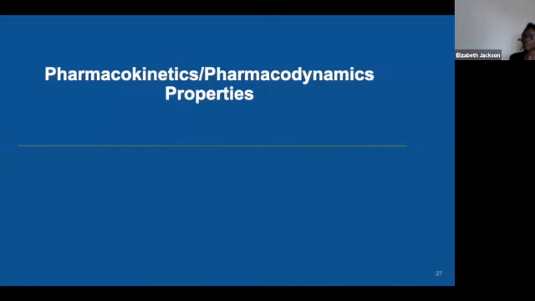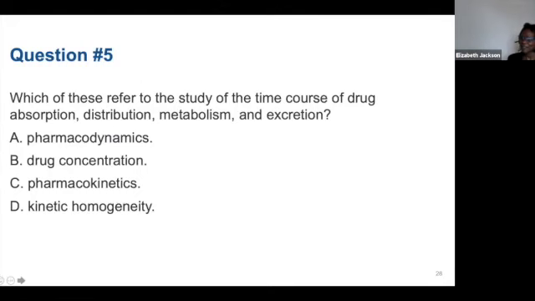Now we're going to move on to pharmacokinetics and pharmacodynamics properties. And going on to the next slide, we're going to start with a question. Which of these refer to the study of the time course of a drug, absorption, distribution, metabolism, and excretion?